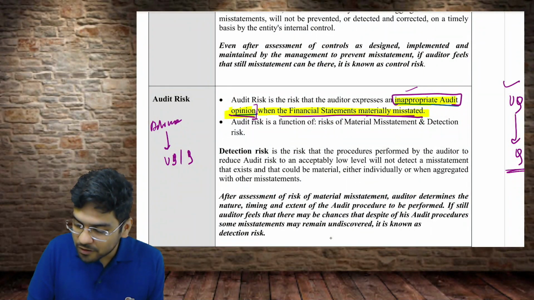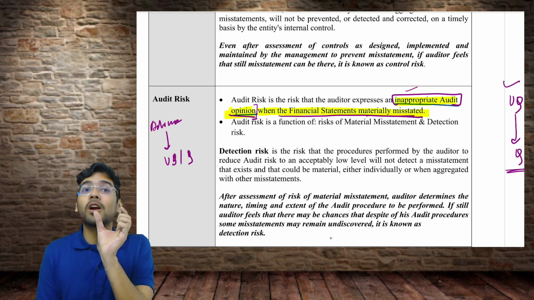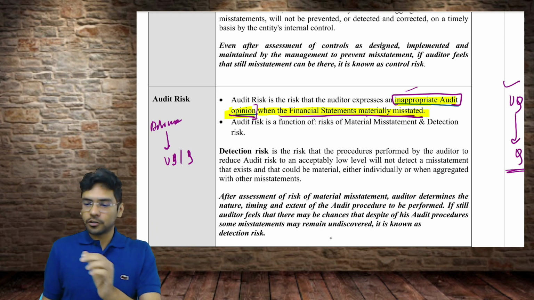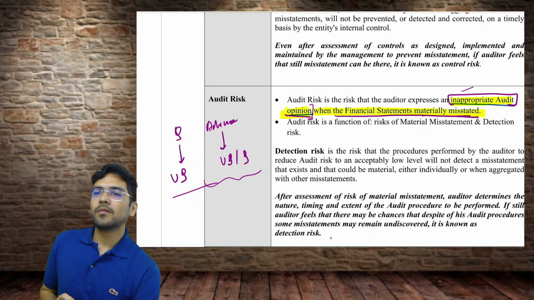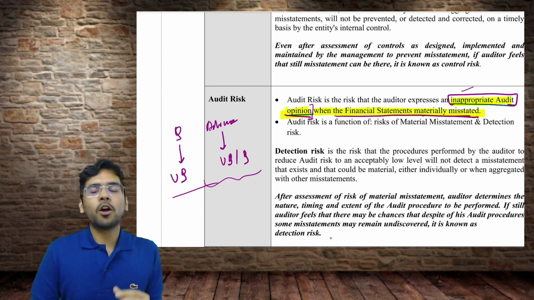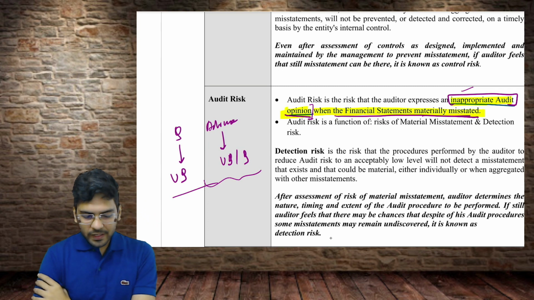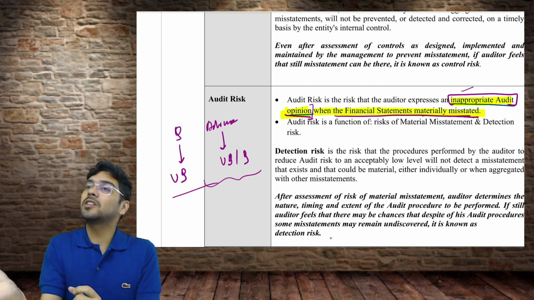Most of the students read only this part, that whenever the auditor expresses an inappropriate opinion, it is what? Audit risk. But the definition is not complete. It says when the financial statements are materially misstated. So only in this case will it amount to audit risk. Now in simple words, audit risk is the risk that the auditor expresses an inappropriate opinion.